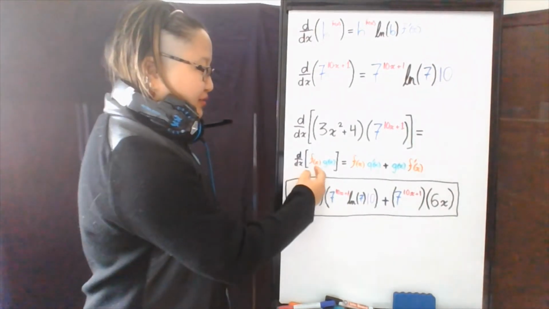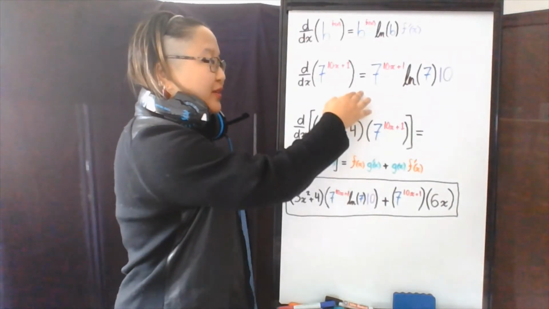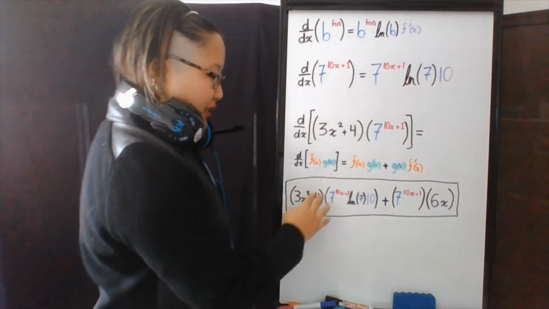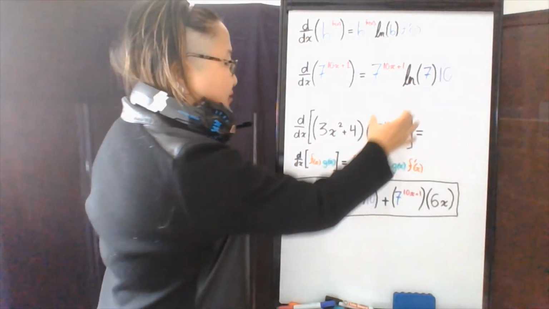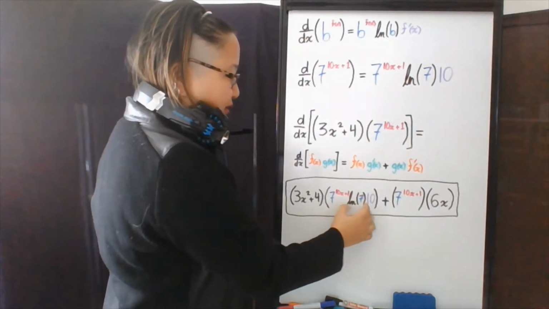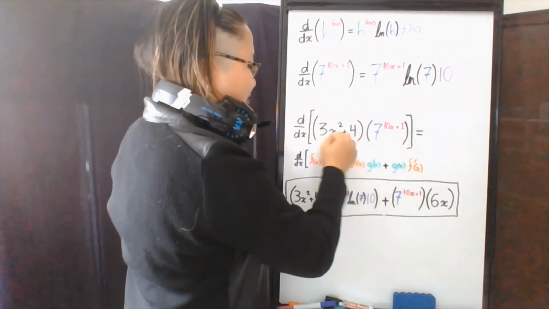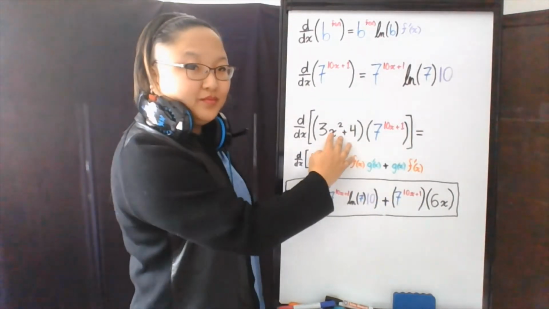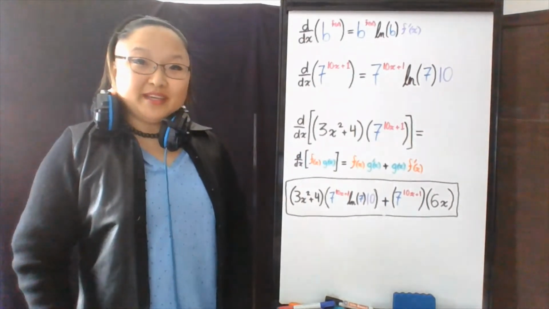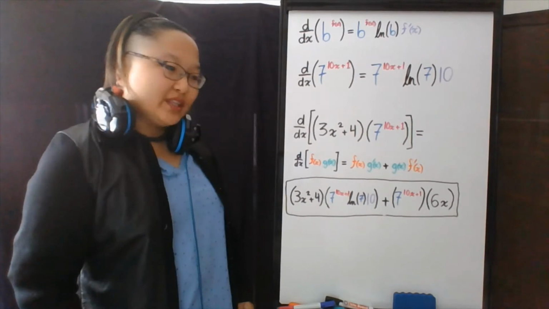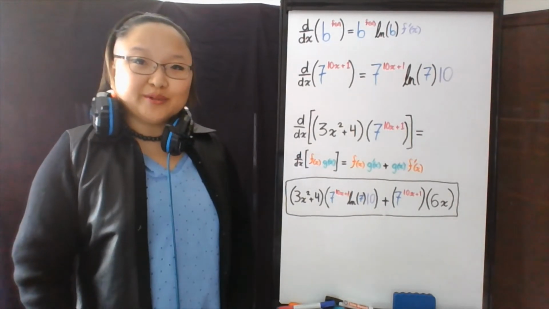So, the product rule works the same way when you slot in the differentiation of exponential functions. It goes the first times the derivative of the last plus the last on its own times the derivative of the first. You might be getting the hang of it by now, but don't worry, because I'm going to show you an example with the chain rule next, and then we'll do the quotient rule.